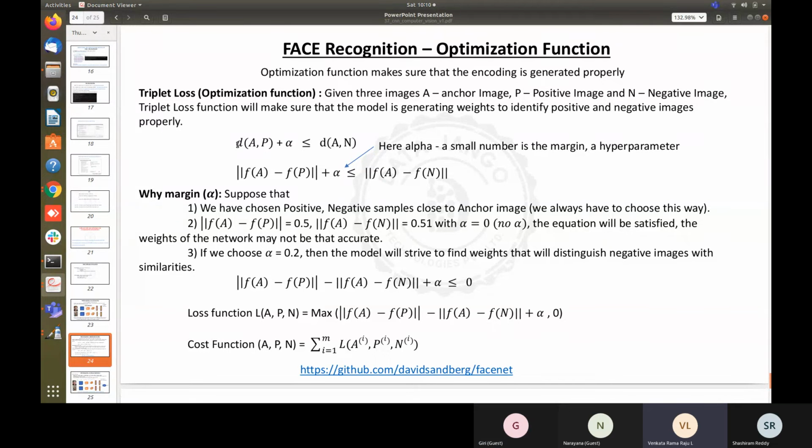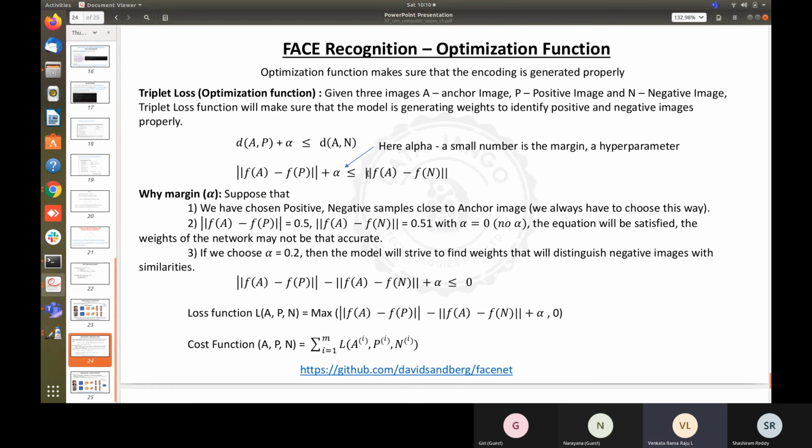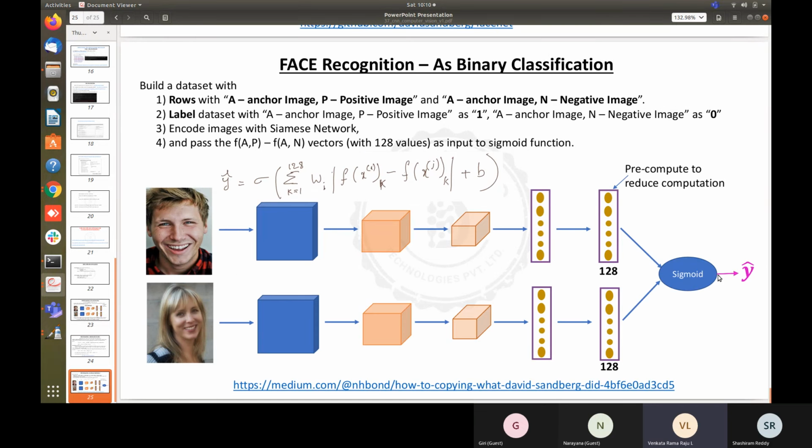Okay. So what is this distance between A and P? It is the Euclidean distance between f of A and f of P. What is f? The neural network, right? F of A, f of P. So you pass the negative image, anchor image, and positive image through the network. But while training is happening, after this, you will not pass y cap and compare with 0 and 1.